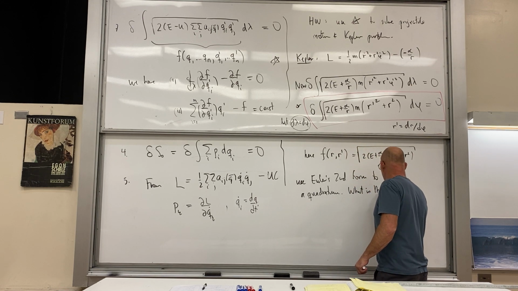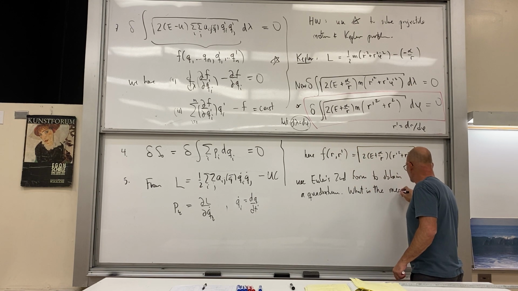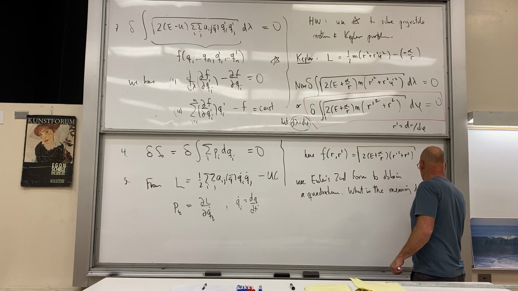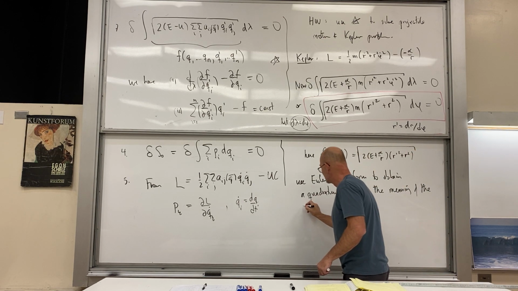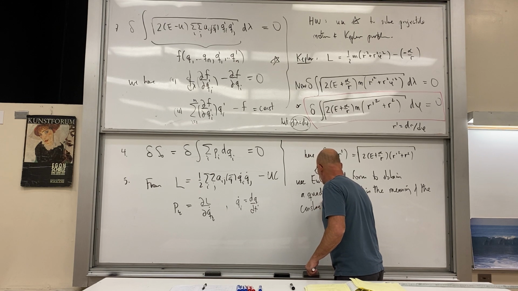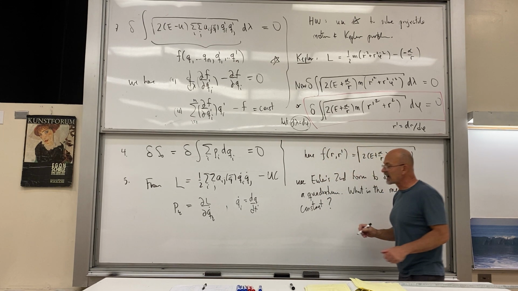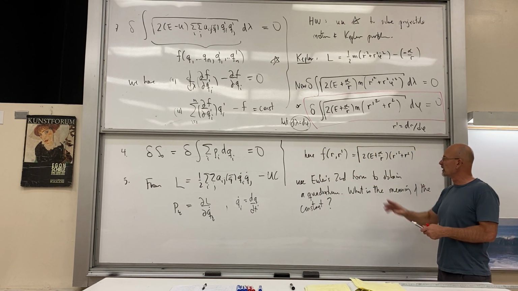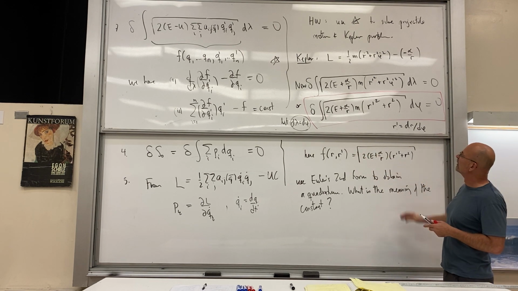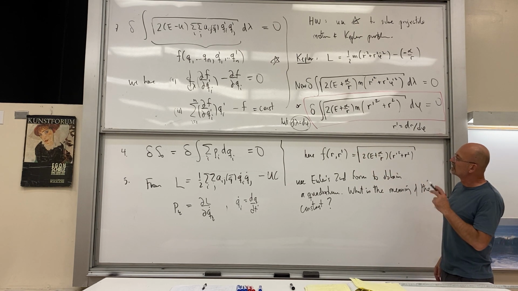What is the meaning of the constant? Okay, so you guys are going to enjoy that, because it's really only a few more lines downstream from here. Good, so we'll do that.